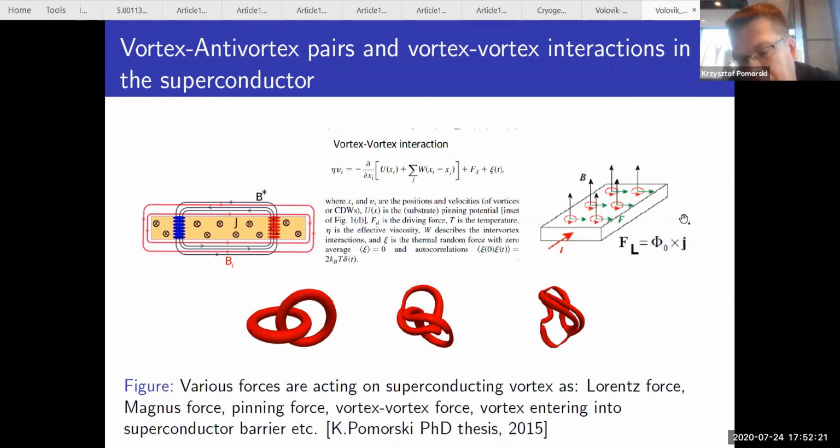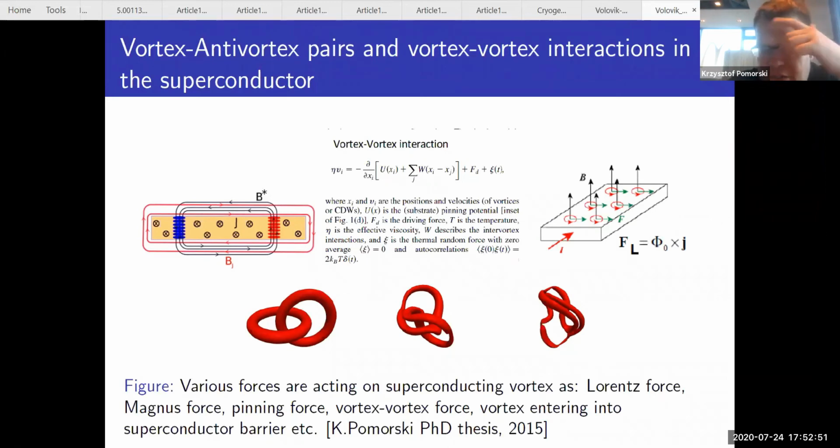You have a sample, and there will be a Lorentz force acting on these vortices, simply because each vortex is supported by a supercurrent flowing around its core, and this current, when subjected to an external magnetic field, experiences a Lorentz force, right?